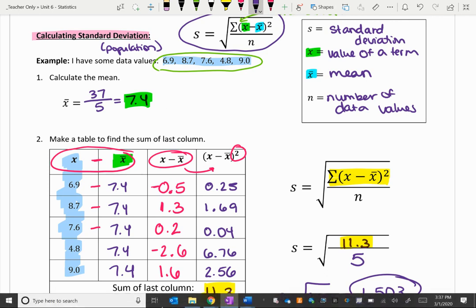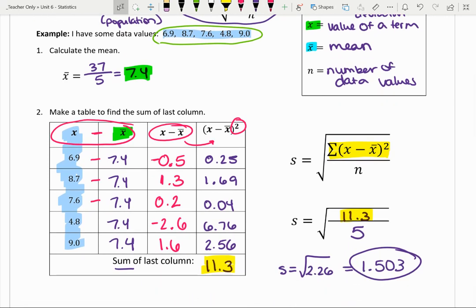We reported that distance, and then we squared those distances to make them positive, added them all up, and divided by the number of values. So you could kind of think of this as an average of its own, right? We're adding things up and dividing by the number of values, and then finally a square root there.